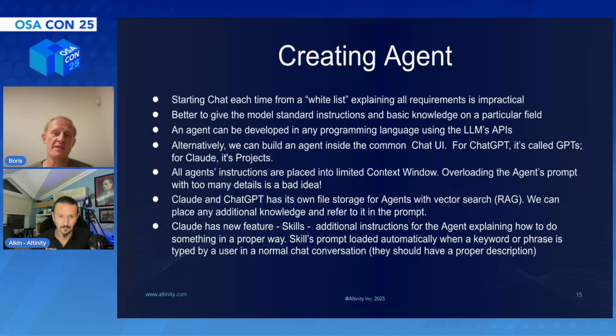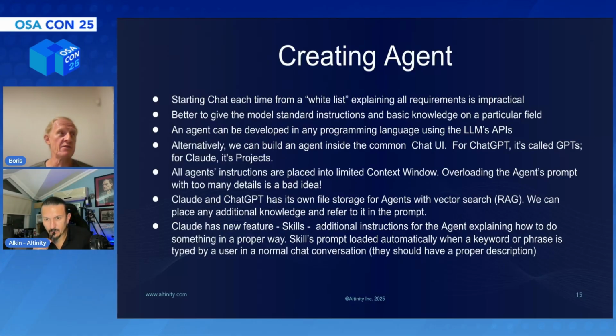For ChatGPT, the same feature is called GPT. So you create a separate GPT and provide a prompt and all other stuff. You should understand that all the prompts, all the data, everything the user typed, everything the MCP server responded, is placed into the context window, the model context window, and spends your tokens.